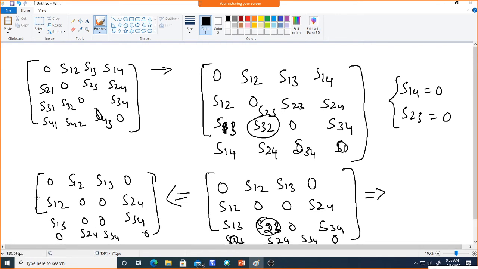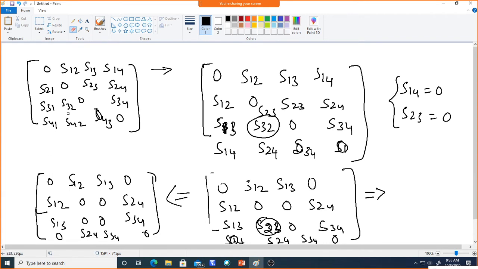Okay, so now if you correspondingly multiply this matrix, you will get the equations, so I'll write it here only.